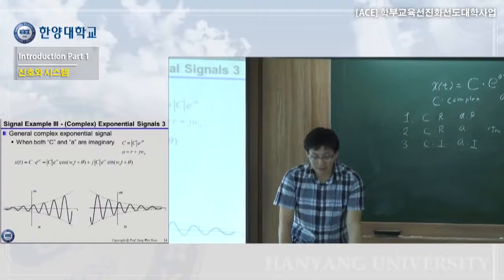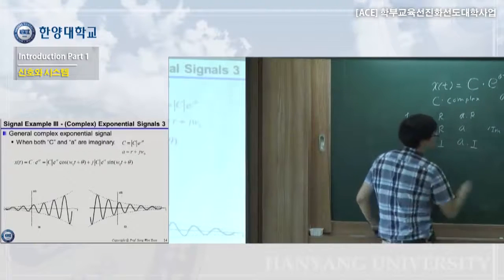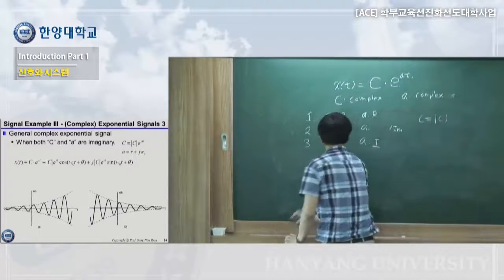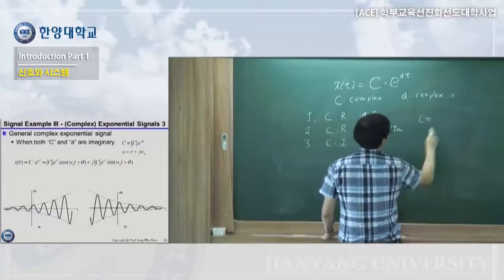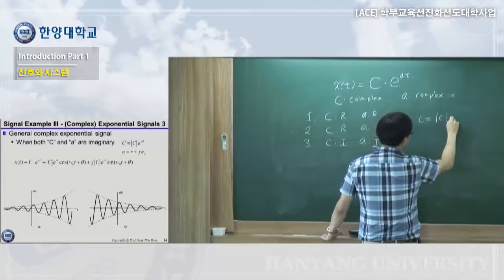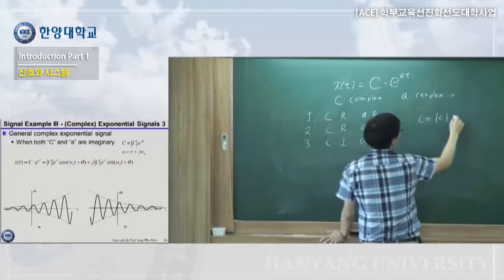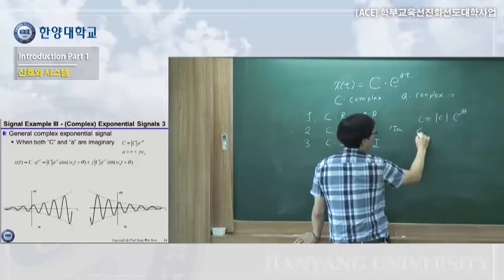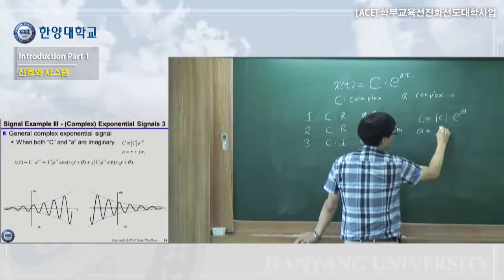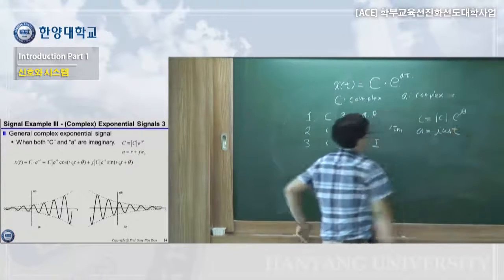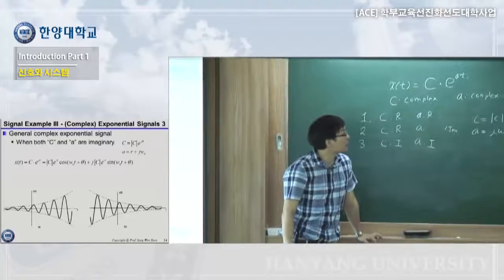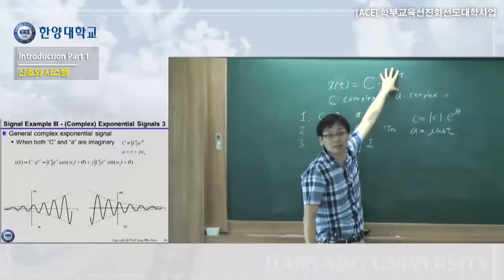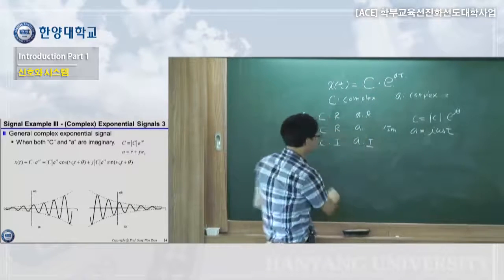We can define C as an imaginary number, as e to the j zeta. We can define A as also imaginary, omega 0 t. So you can think of them in this way. This is a sine wave. We already derived this, right? There's the sine wave.